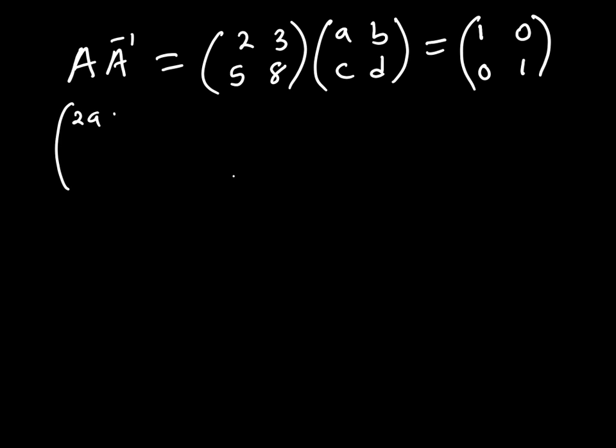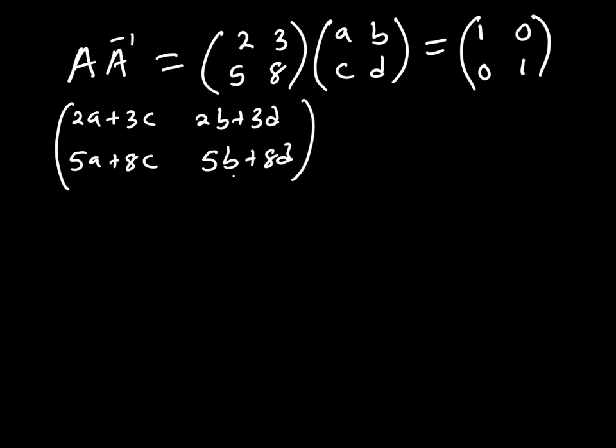Then 3 multiplies with C, we have 3C. 2 times B is 2B, and 3 times D is 3D. Then we have 5A plus 8C, and here we have 5B plus 8D. This will give us 1, 0, 0, 1.